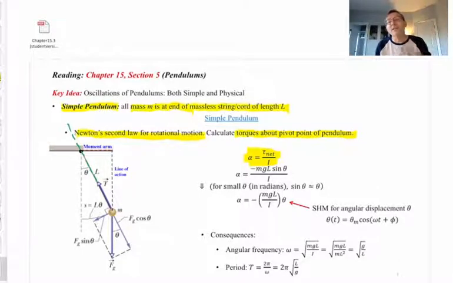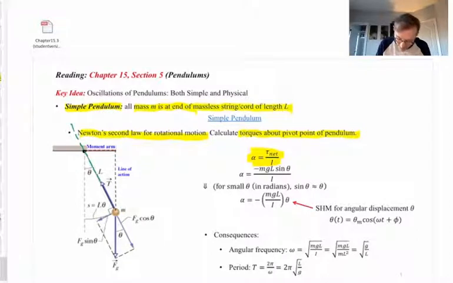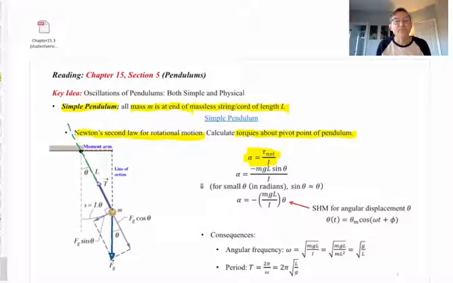And therefore, the fact that the tension force is a somewhat complicated force to deal with doesn't come into play if you use the rotational version of Newton's second law. In fact, the force that's producing the torque about the pivot point is F-grav, which is vertically down. Okay? So that's the only force producing a torque.